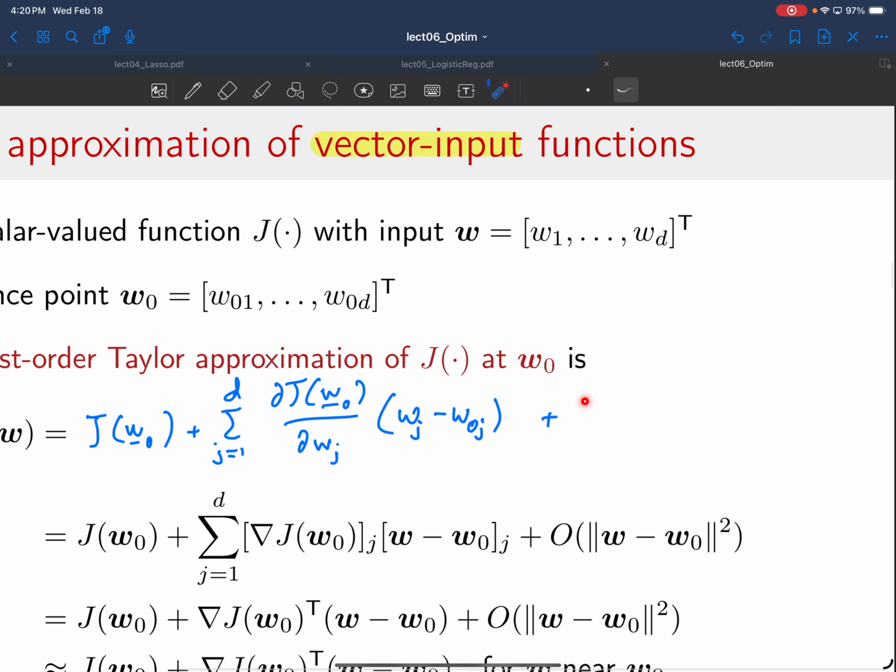So now we're going to have plus the sum from j equals 1 to d of big O of (wj minus w reference j) squared.